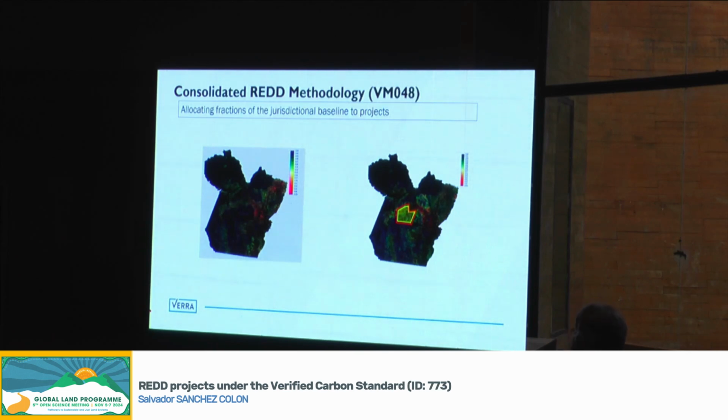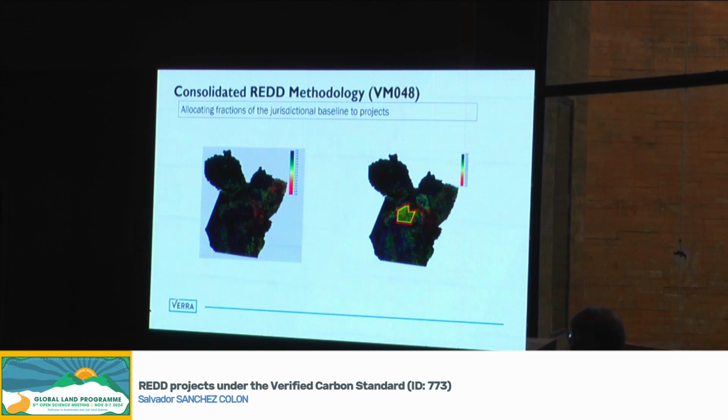So in this new approach, we allocate fractions of the jurisdictional deforestation baseline to projects within the jurisdiction in a form that is directly proportional to the risk of deforestation within the project area. In this little polygon in there, we basically try to simulate or mock a project within the jurisdiction.